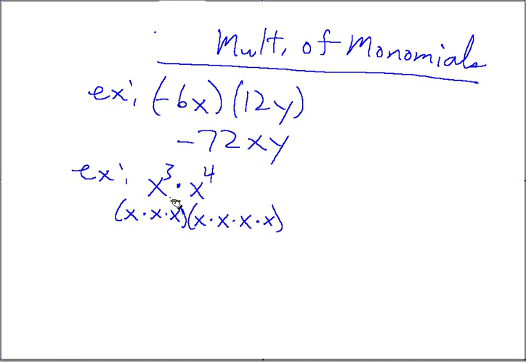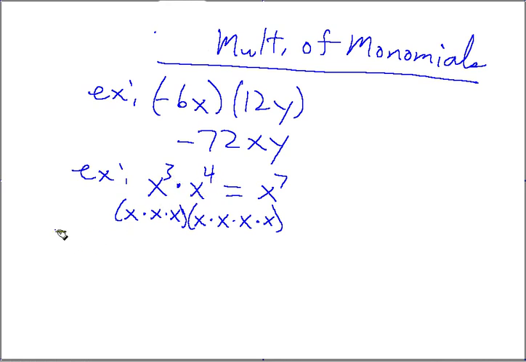All right? So when we're multiplying two exponential expressions together, it's really counting how many x's I have, in this case, how many exponents I have altogether. As you can see, I have what? 7 x's altogether. So this is going to be x to the what? X to the 7th. And as you may guess, then, all you do is count how many exponents you have, you just add up the exponents here. Alright?